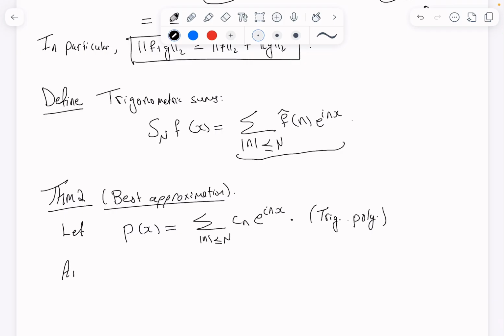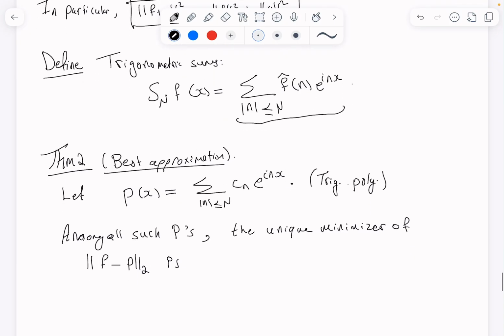Then among all such p's, among all such functions, the unique minimizer of the difference between f and p in norm is S_n. Okay, so what do we mean by that?